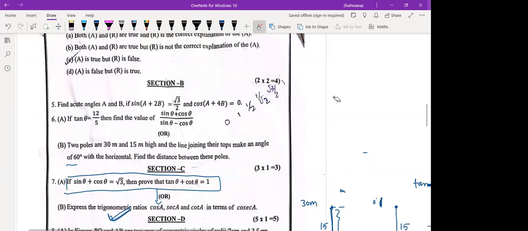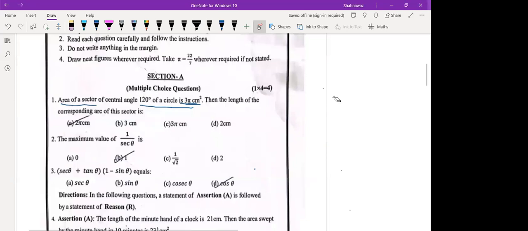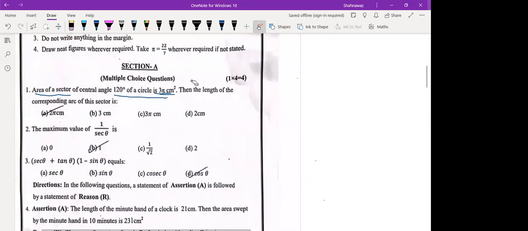thing. And yeah, let's start. Area of a sector of central angle 120 of a circle is 3 pi centimeters square. Then the length of the corresponding arc of this sector. What would be the arc?